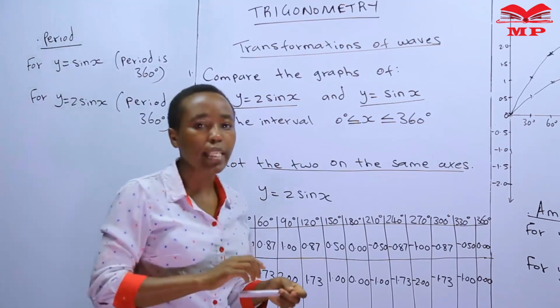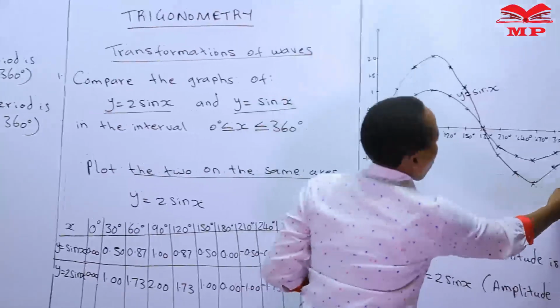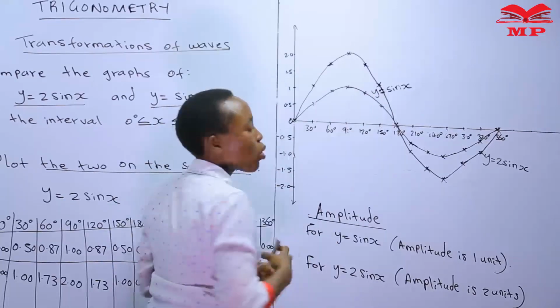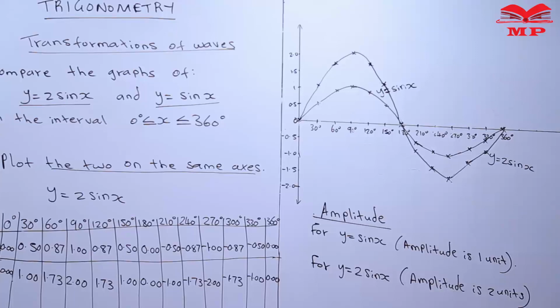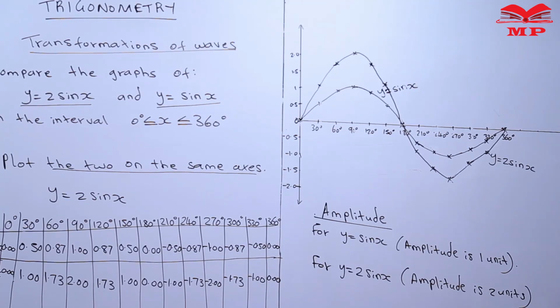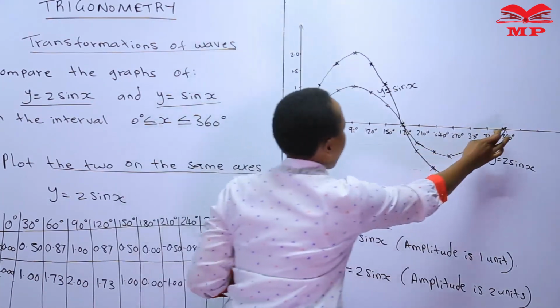Now we also need to ask ourselves, how can we obtain the wave y is equal to 2 sine x from y is equal to sine x? There is a transformation. As we can see, they are the same at this point and at this point.